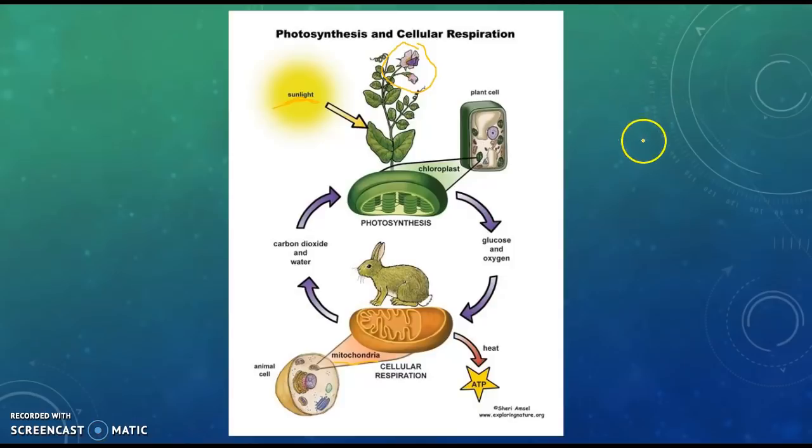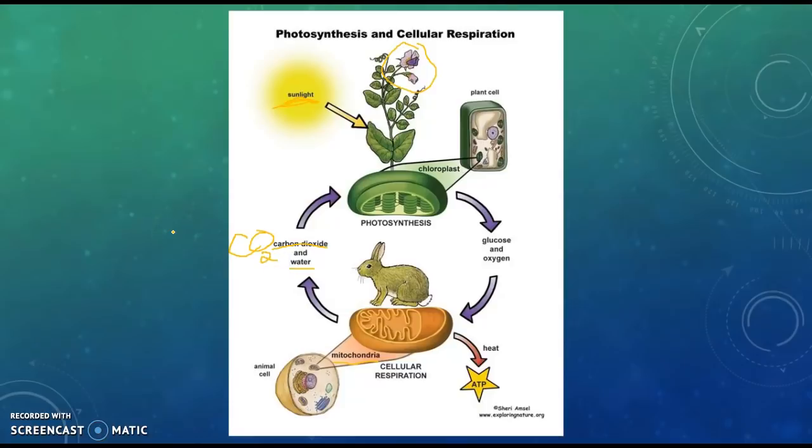If we look at the plant up here, the plant is going to go through photosynthesis, and the plant needs a few things to do photosynthesis. It needs carbon dioxide, water, and sunlight energy. It can get the carbon dioxide from the atmosphere, and remember, carbon dioxide is written as CO2.